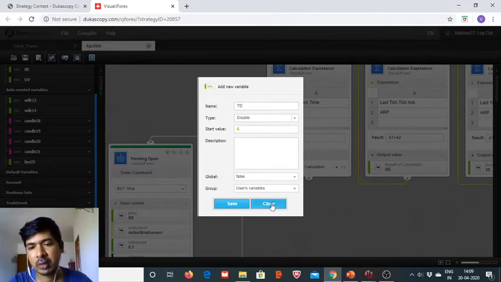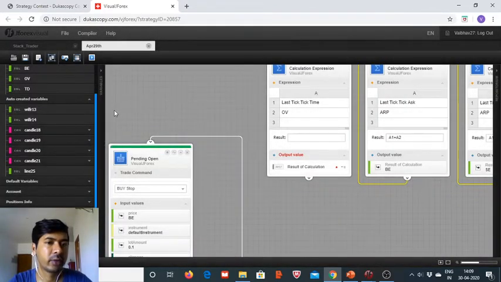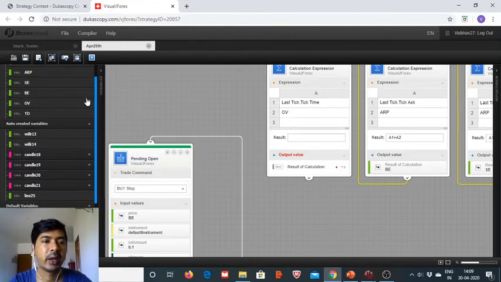You can even keep it 5 minutes, you can keep it half an hour, so it is up to you. Suppose if you want to change, you simply have to change this factor and the calculation will be different. It's pretty easy and pretty simple.